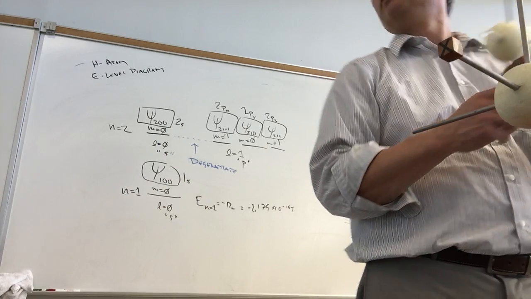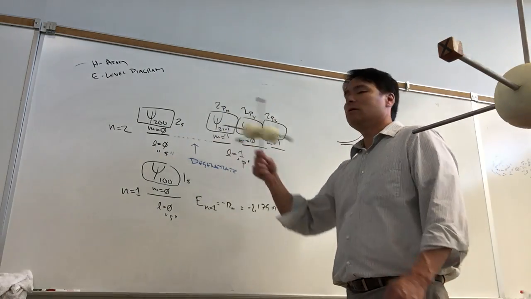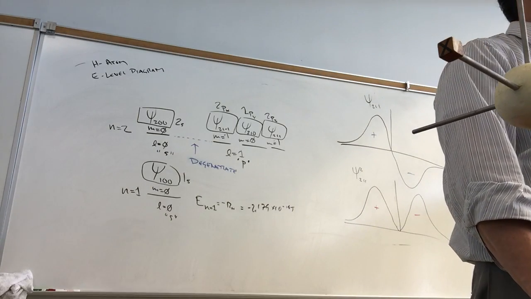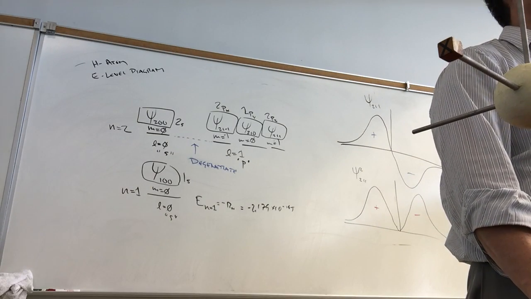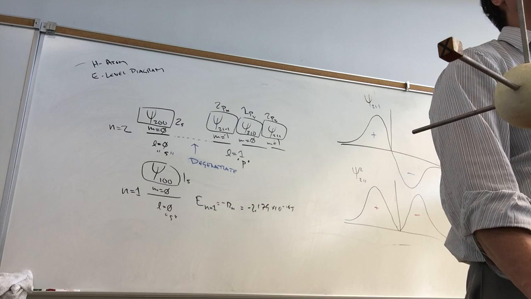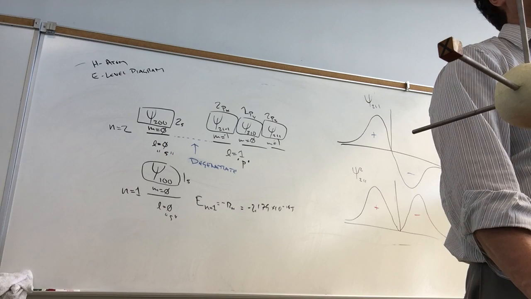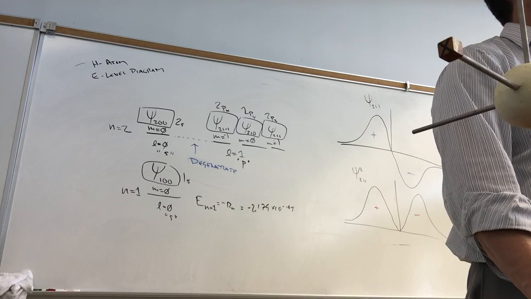The 2s orbital has a distance of n squared a naught, which is 4 times 53, about 212 picometers.